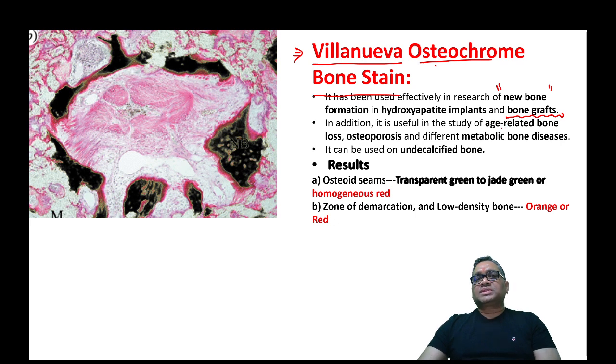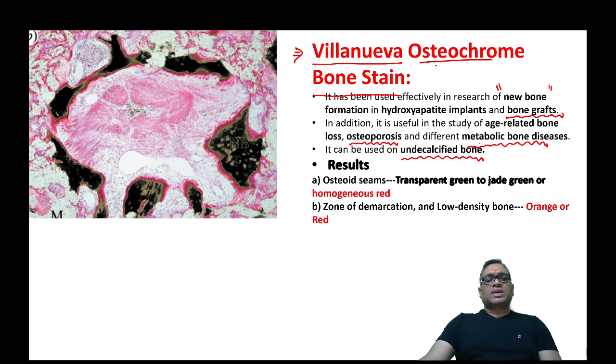This can also be used for detection of bone loss in osteoporosis, or in any metabolic bone disorders, and also for the undecalcified bone. So Villanueva osteochrome bone stain is basically to identify the loss of the bone, which can be seen in bone grafting, osteoporosis or metabolic bone disorder.